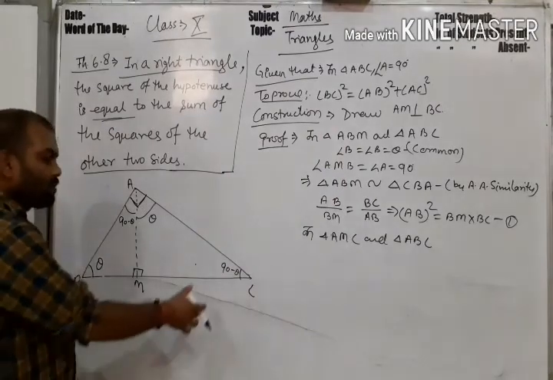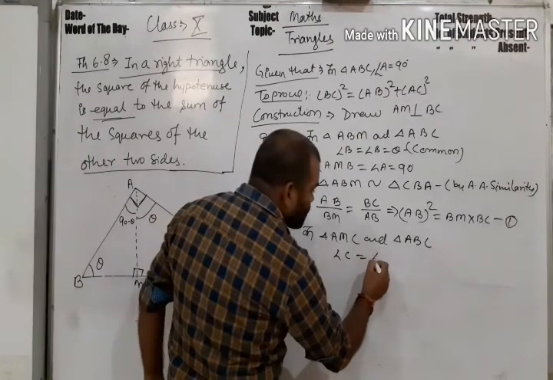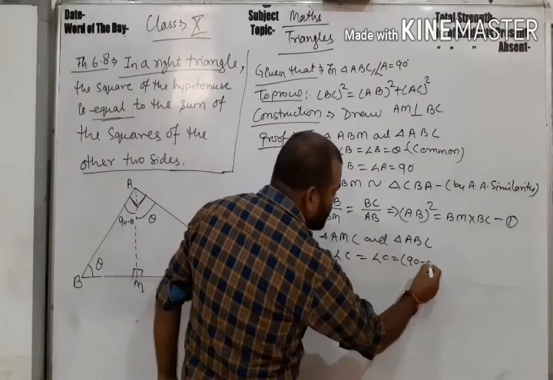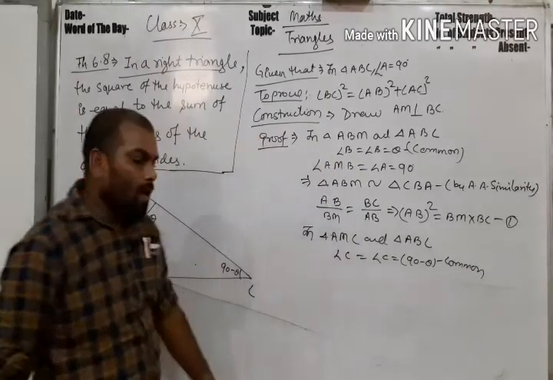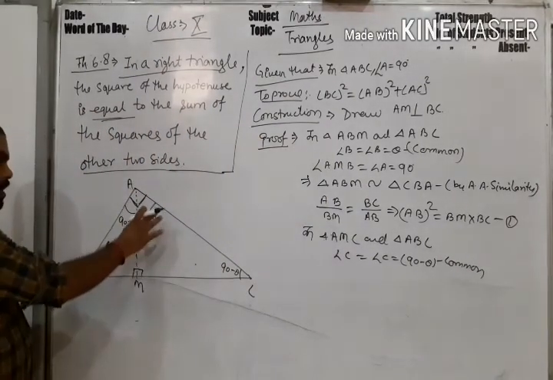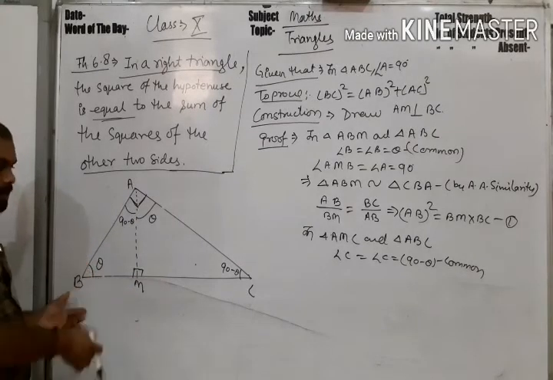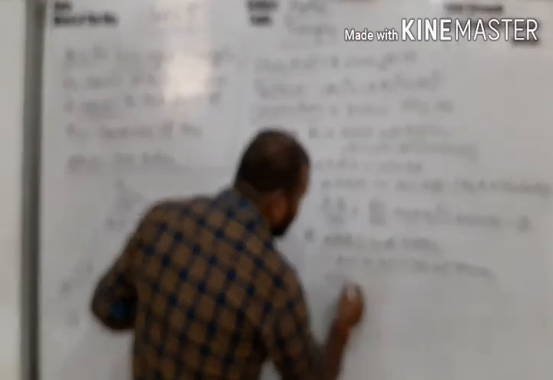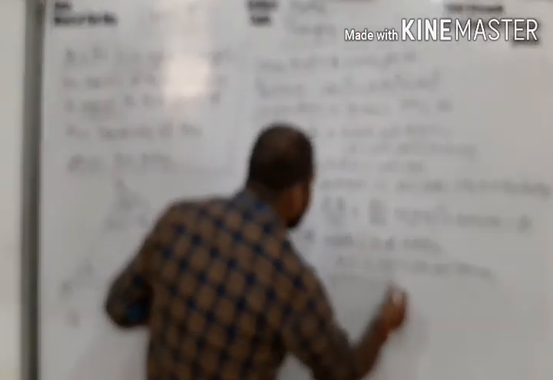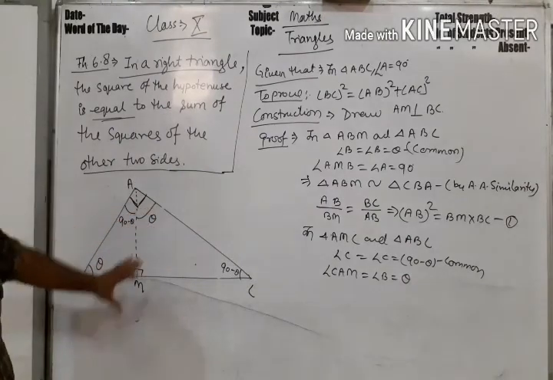How? Just see, this angle is common in both the triangles, that is angle C is equal to 90 minus theta. And this angle is theta. Here angle CAM is equal to angle B is equal to theta degree, because we are comparing with the whole triangle.